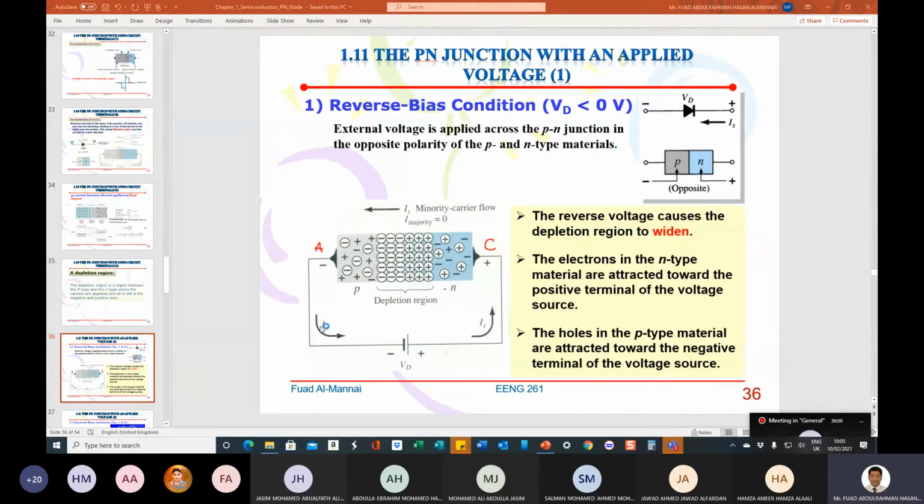So there are very small currents, in the microamp and sometimes in the nanoamp or picoamp. We usually ignore this current because it's too small. Got it? Everybody get that? Okay, so that's how we do it. Any questions?